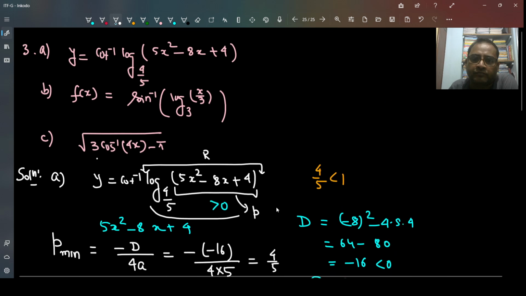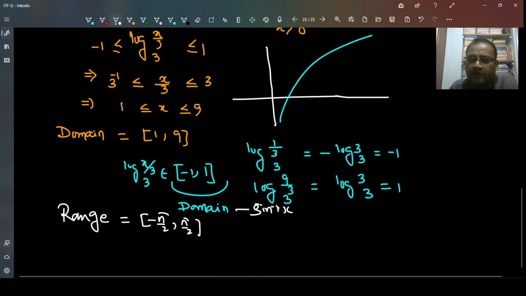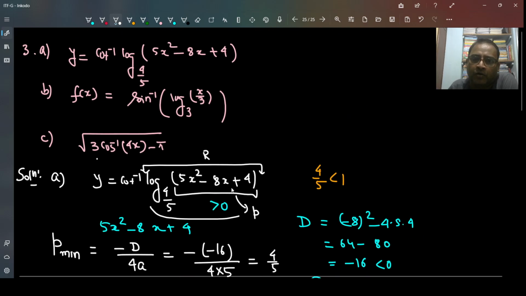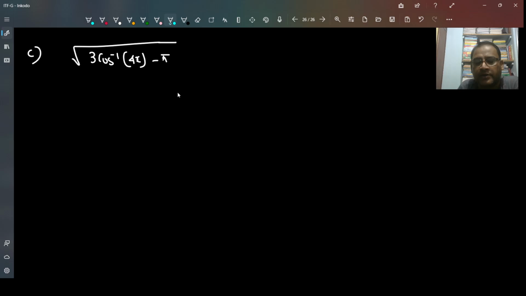Next is root of 3 cos inverse 4x minus pi. Okay, going to the next page. Problem number C: root over 3 cos inverse 4x minus pi. So this square root function is defined only when the expression is non-negative.